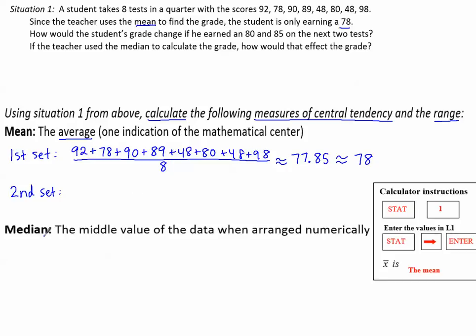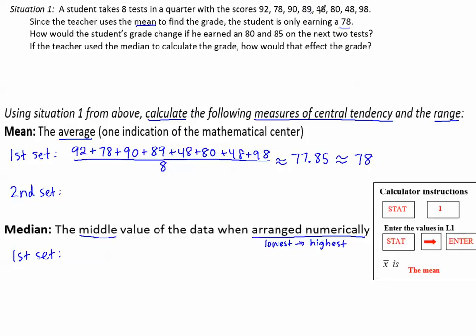Let's review how to find the median. The median is the middle value of the data when arranged numerically. So first we have to take this first set and arrange it numerically. That means arrange it from lowest to highest.